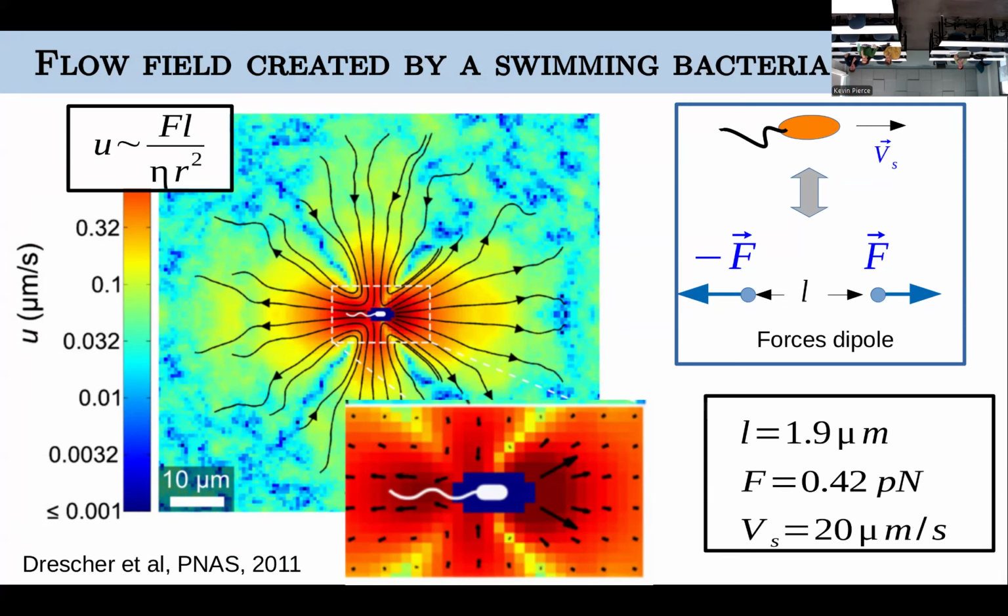By conservation, the fluid has to come back, which is why you have these flow lines that come back to the bacterium by its side. You can model that object by a force dipole, and that will be key in my presentation. It's very important that you understand that when a bacterium swims, it also displaces liquid around it. You can see that on the next slide.